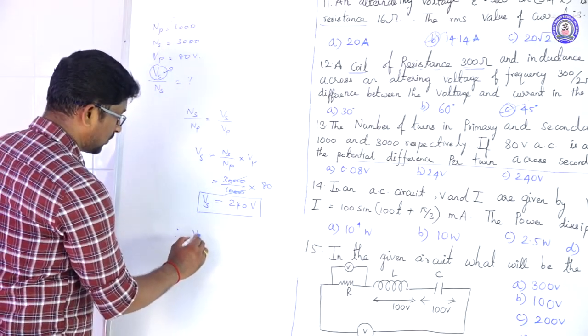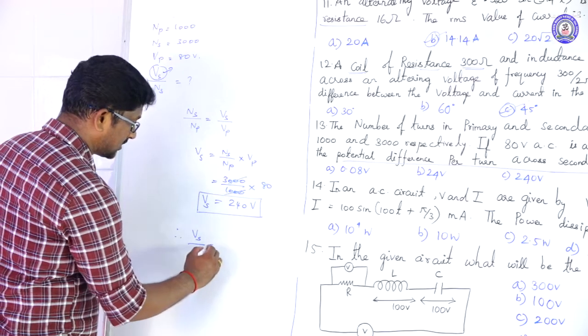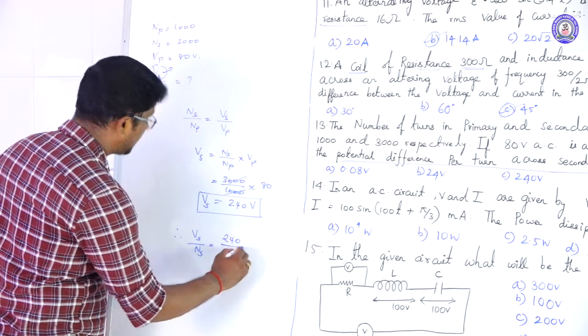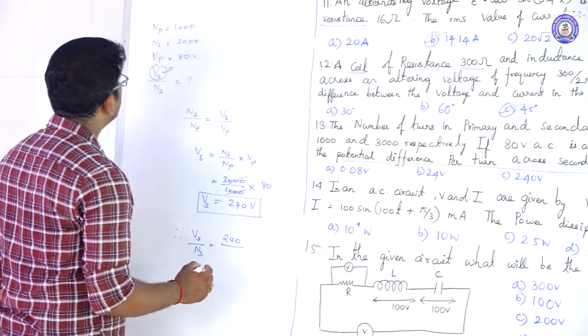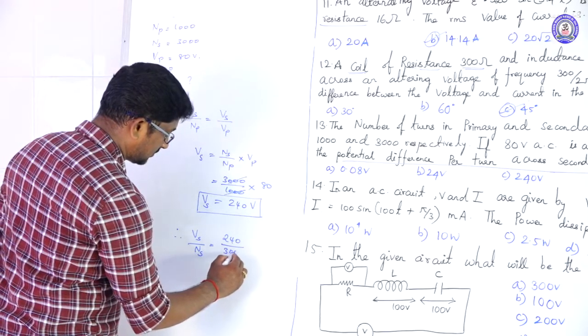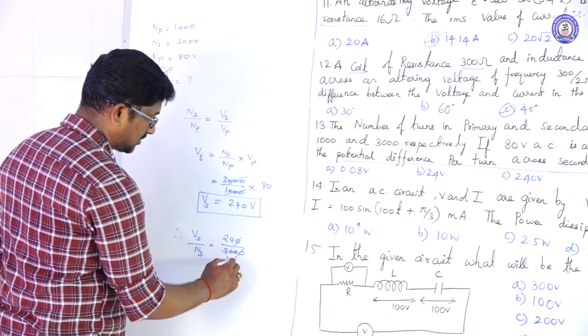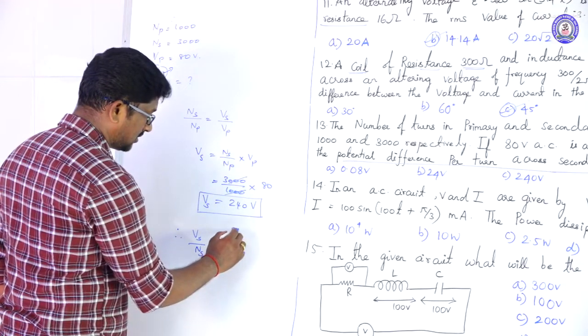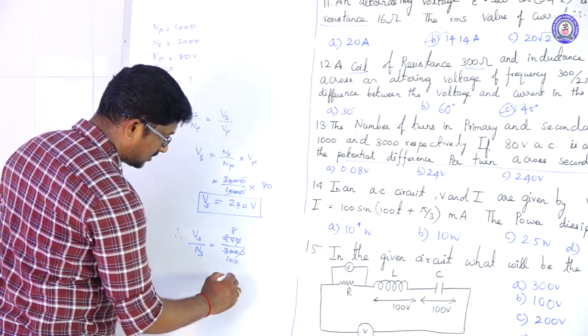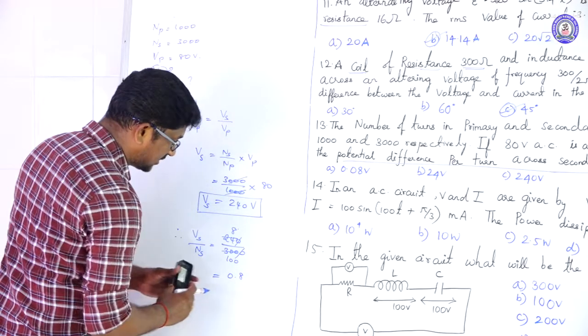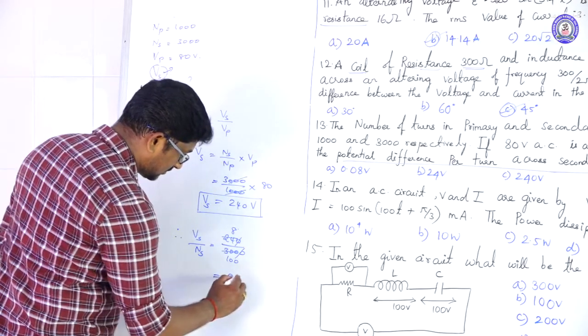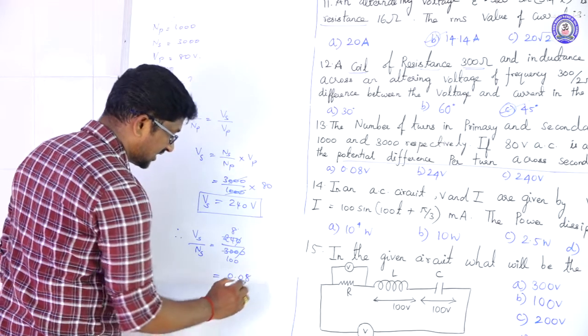So therefore, Vs divided by Ns is equal to 240 divided by secondary turns 3000. That is 0.08 volt.